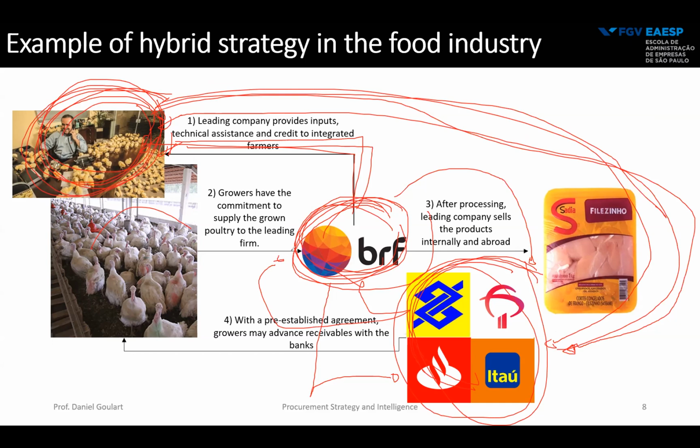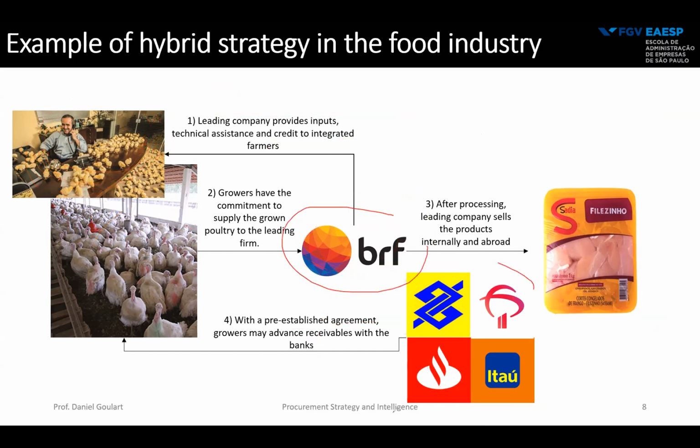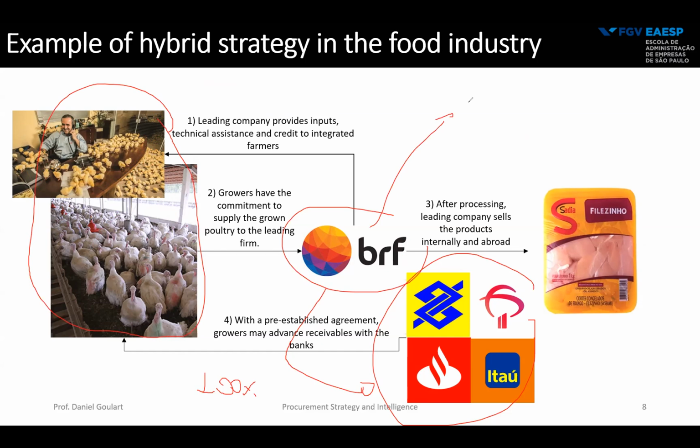This is a structure in which BRF and bank have an agreement in which BRF runs 100% of suppliers' risk. But you have several hybrid models in which BRF and bank share the risk in a risk-sharing structure. I will give details on the types of risk sharing, etc., in the supply chain finance discussion, okay?